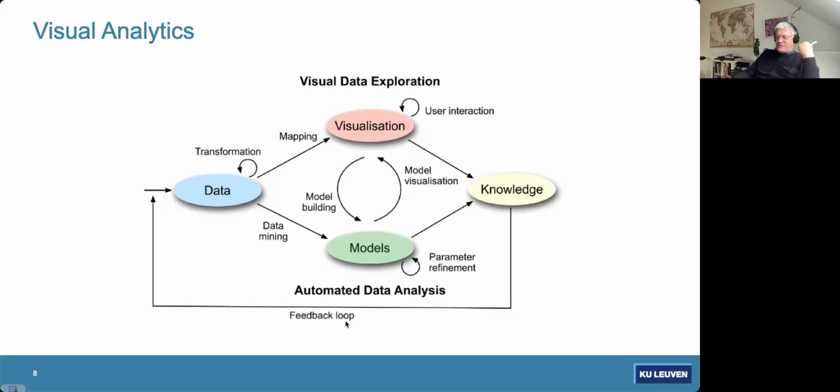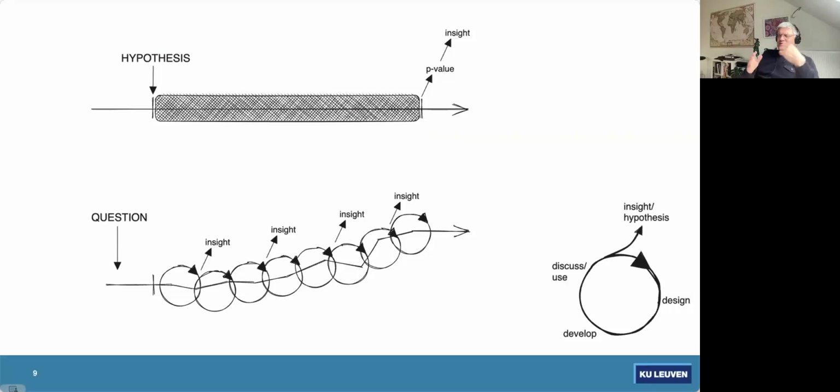So augmenting the capabilities of the user. Now, if we compare visual analytics with statistics, I hope none of you are hardcore statisticians, because I like to take some shortcuts at some places, but still, for those people, I'm sorry.